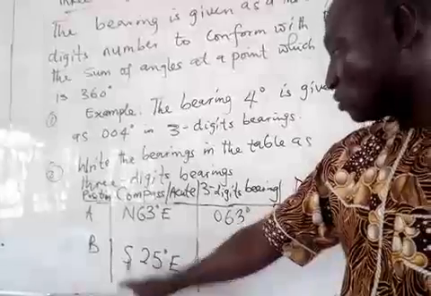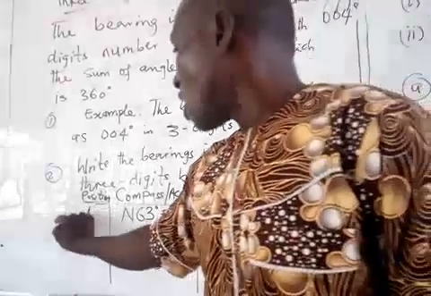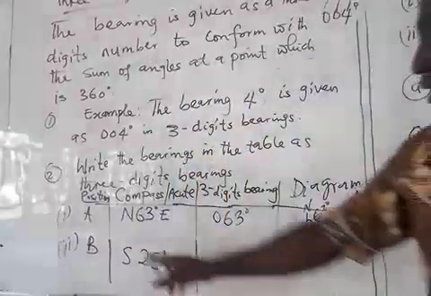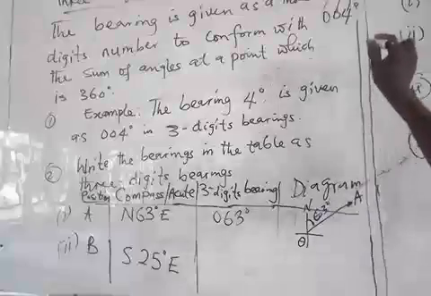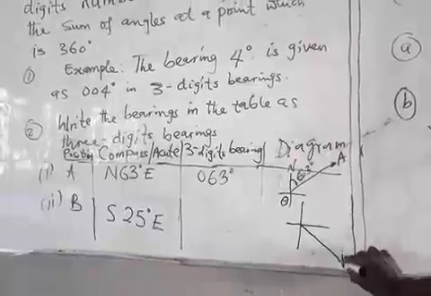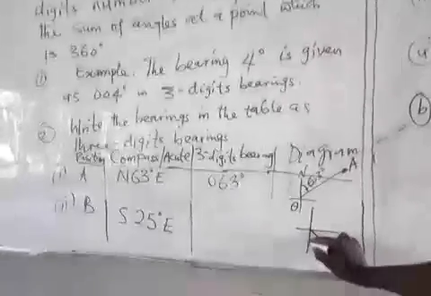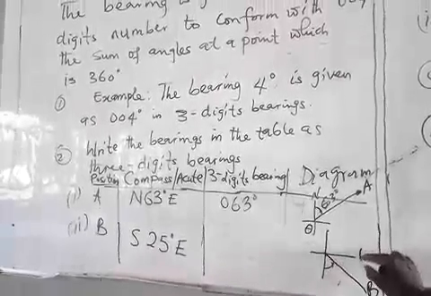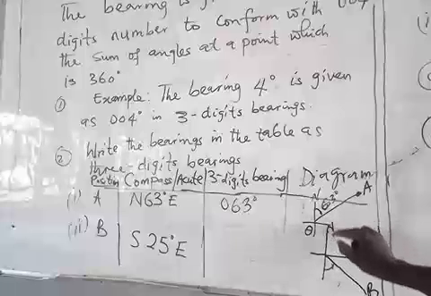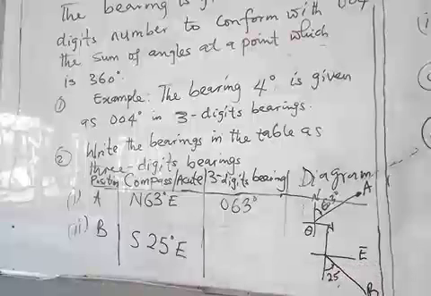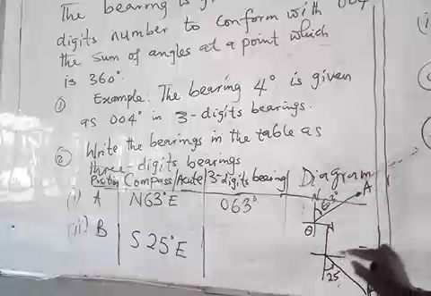So, this is the three-digit bearing format of a compass or acute angle bearing. Now, if you have this one, let's call this one I. It means this is where you see point B, and then turning this way, because this is the eastern direction, this is the north. So here is 25 degrees. But we have agreed that all bearings are taken in clockwise direction.